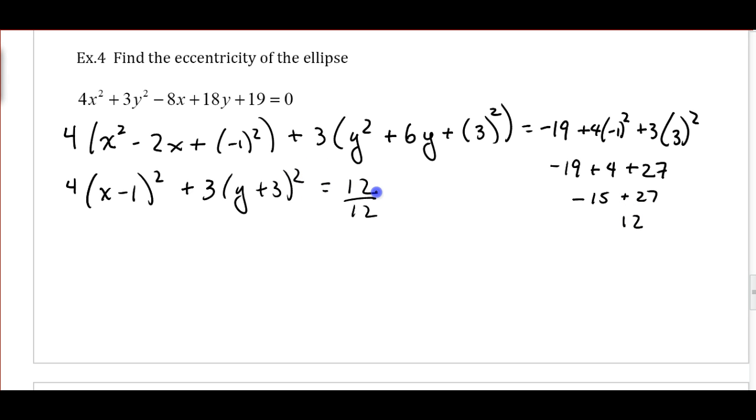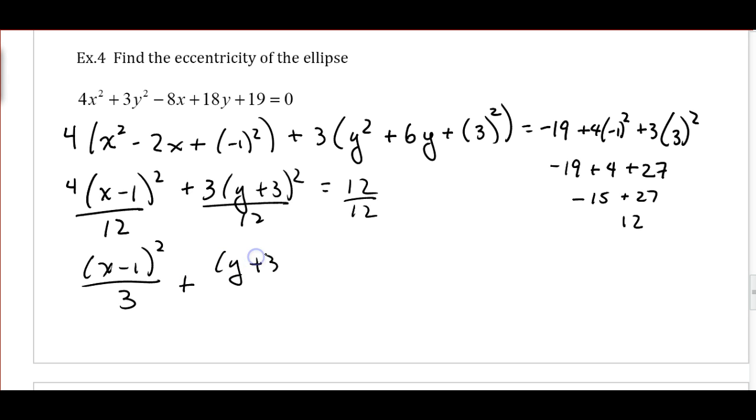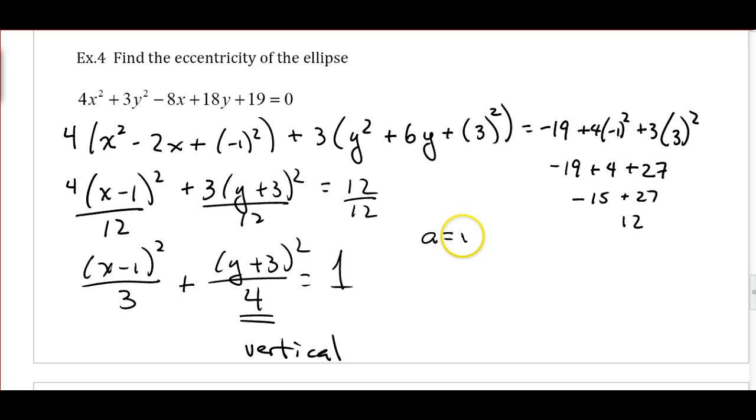We're going to divide everything by 12. So I get x minus 1 squared over 3 plus y plus 3 squared over 4 equals 1. Here's my larger value, so I know it's going to be vertical, which we really don't need to find the eccentricity. But I know that a is going to be the square root of 4, which is 2, and b is going to be the square root of 3.